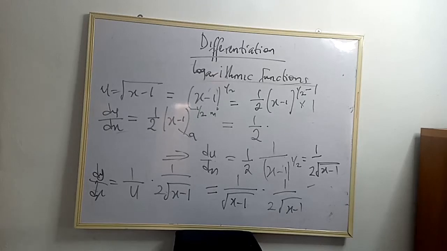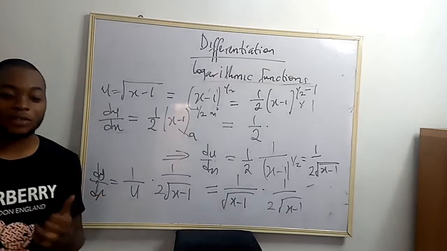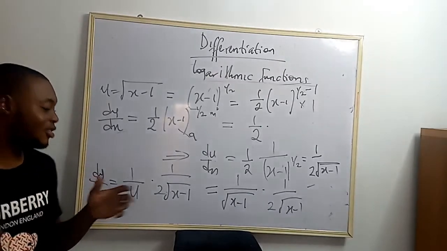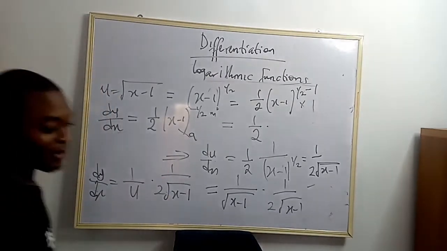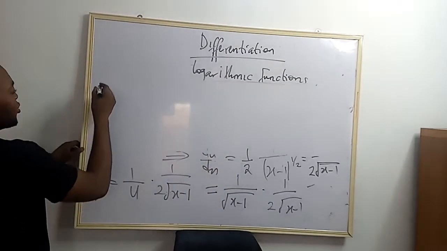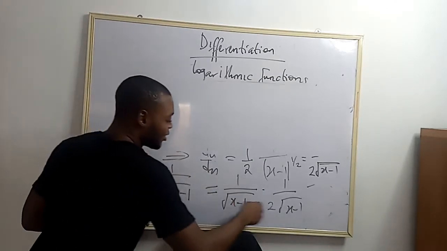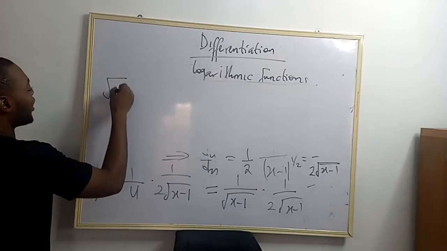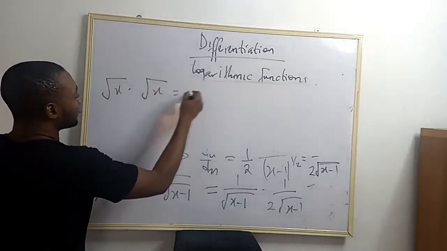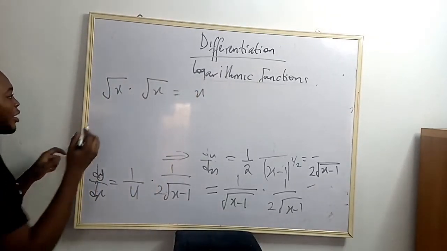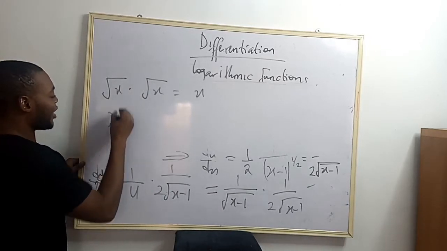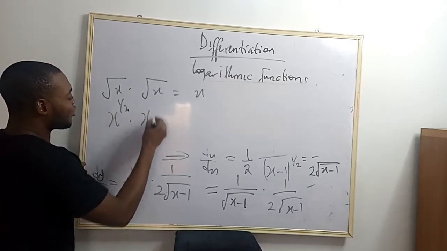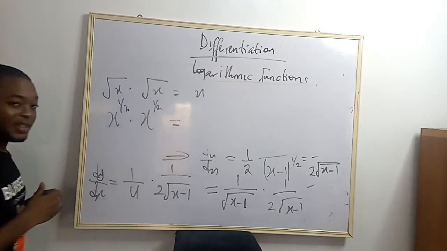Remember the rule of surds in math. You must not forget all this. So from here now, we said dy/dx is equal to 1 over this times this. From the rule of surds, root x times root x is equal to x, right? Why? Because root x is the same thing as x raised to the power half times x raised to the power half.